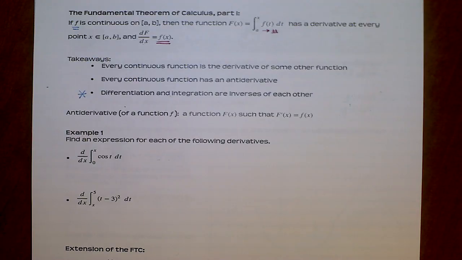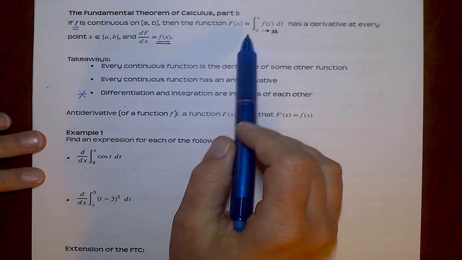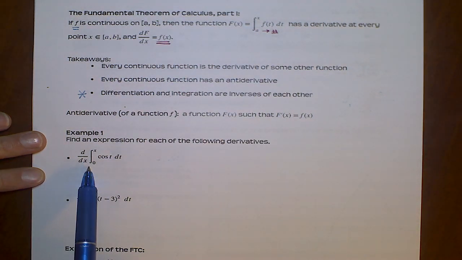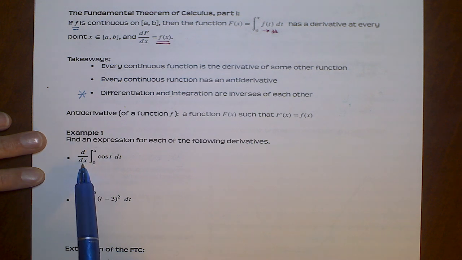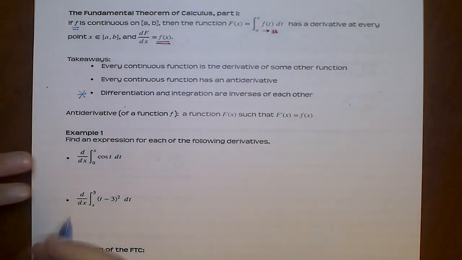Okay, so now let's apply what we've been talking about with the fundamental theorem of calculus part 1. And remember, this is all about taking derivatives of integral functions, which is exactly the setup I have here. I have an integral function starting from a number and heading out to x, where that's my independent variable, and I'm trying to take a derivative of this thing. This is the easiest one of these you're going to run across.